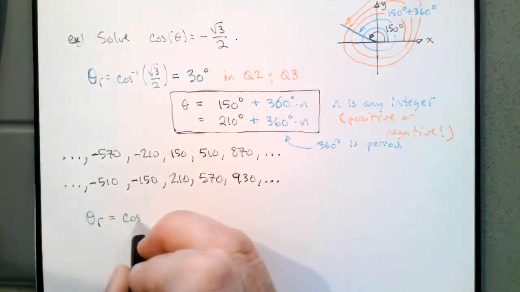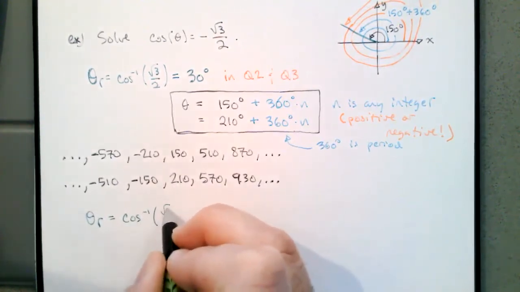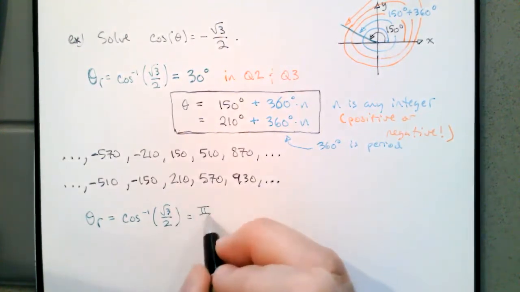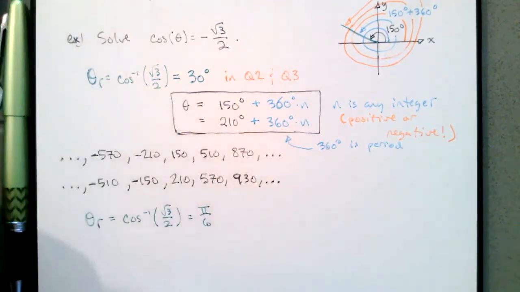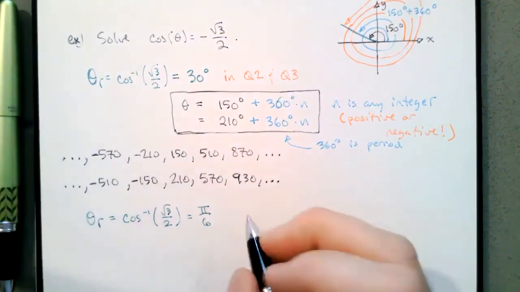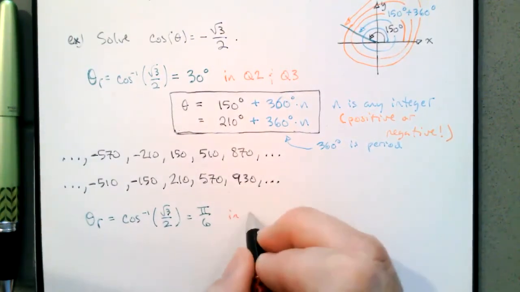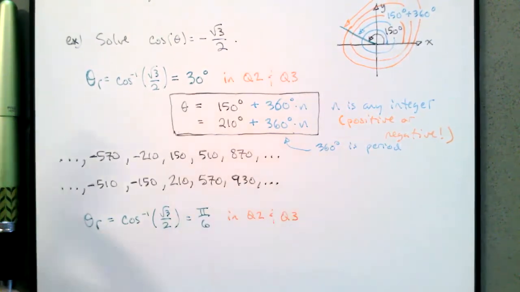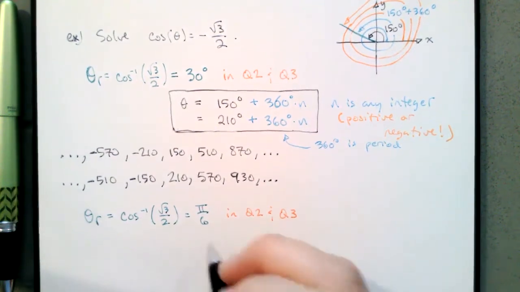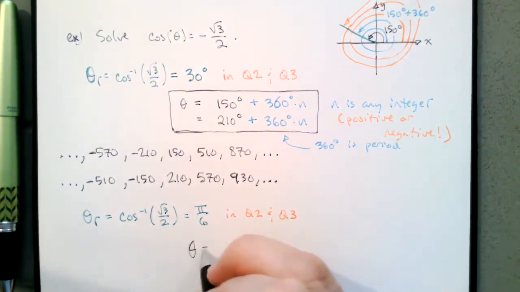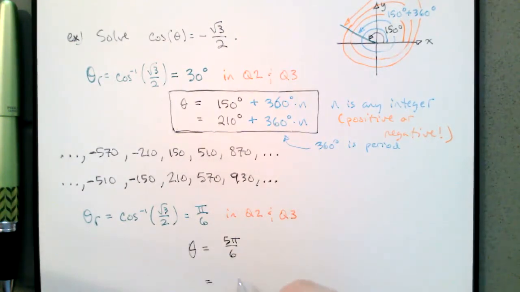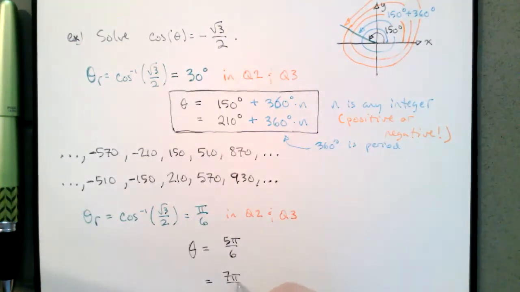So we would start off by saying cosine inverse of root 3 over 2 is 30 degrees, which is pi over 6 radians. We still want to do the pi over 6 in quadrant 2 and quadrant 3. And so that still gives us our two base answers of 5 pi over 6 and 7 pi over 6.